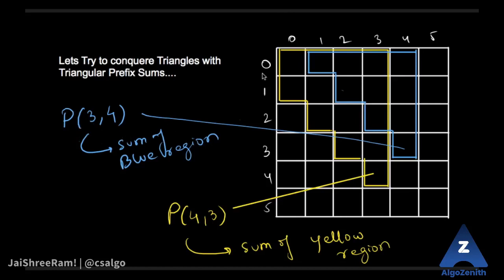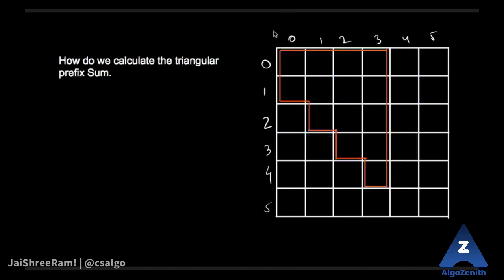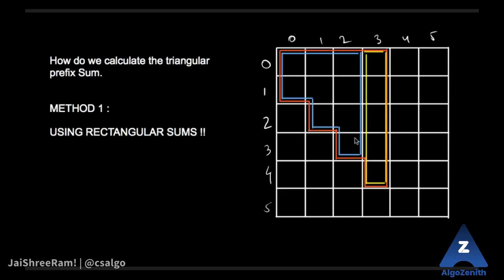Now how do we create this? This is the target value, like this cell should store this value. What we can do is decompose this into two values. For this cell, when you need to find this triangular region, you can break it down into this rectangle and this triangle.